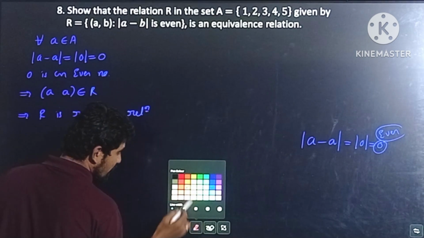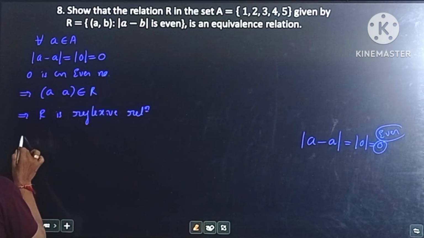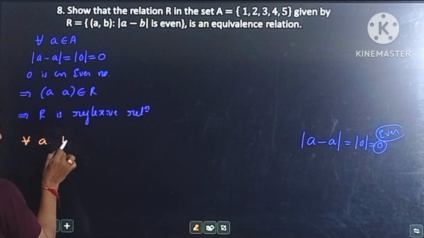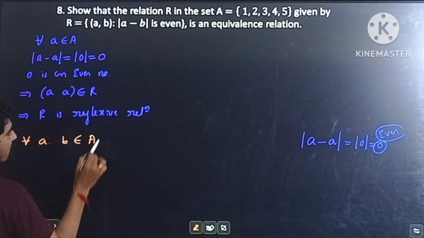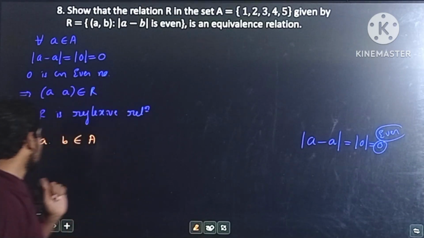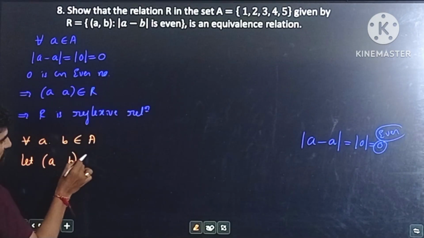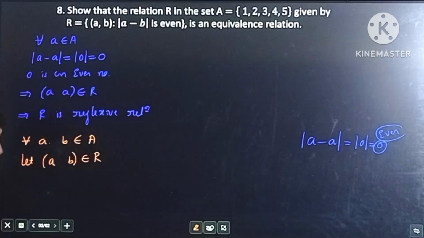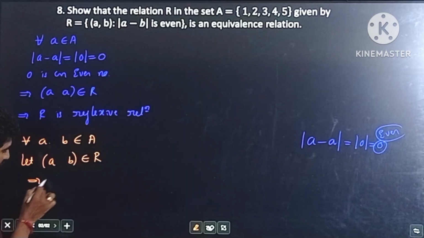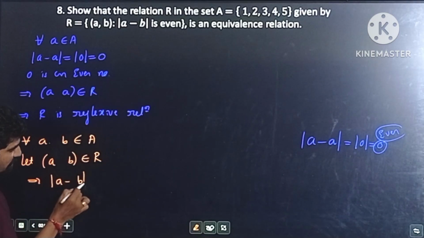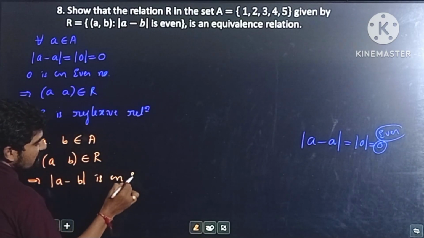Now for the symmetric relation, consider two numbers, for all A, B belonging to the defined set A. For this we need to consider one pair. Let the pair AB belong to the relation R. Now we need to check whether BA is in R or not. If AB is in R, definitely modulus of A minus B is an even number.